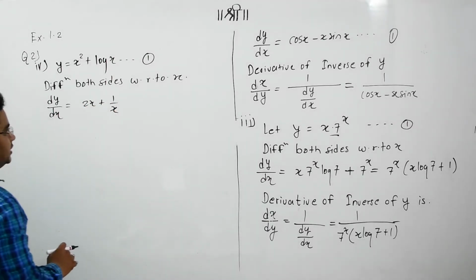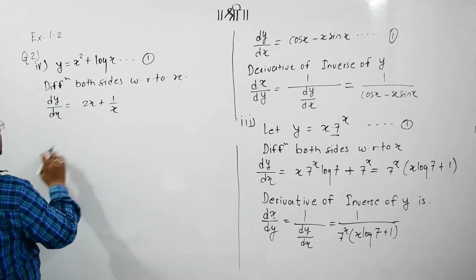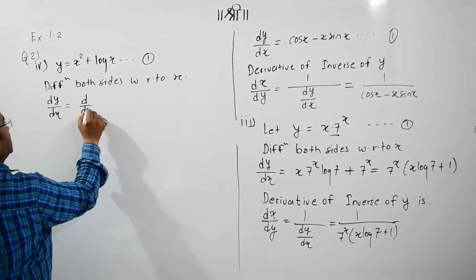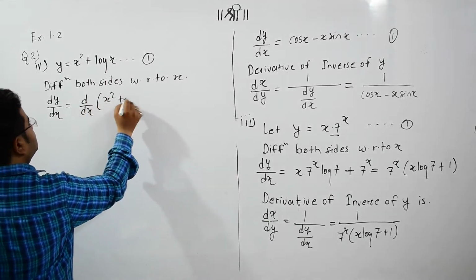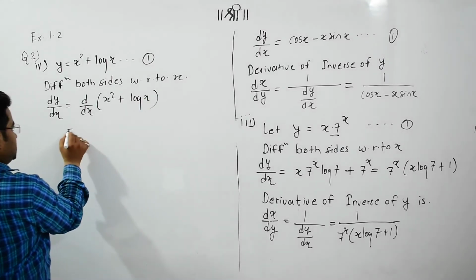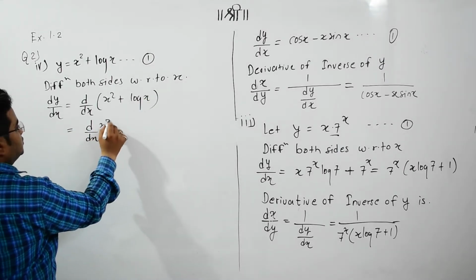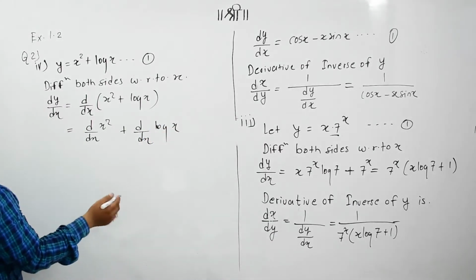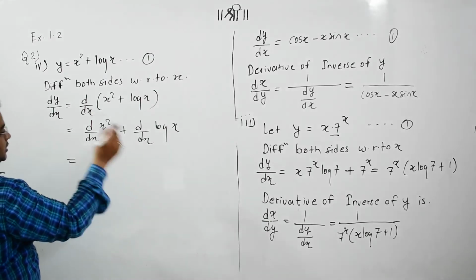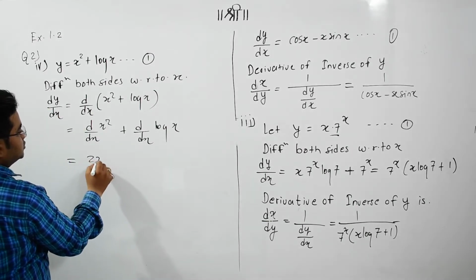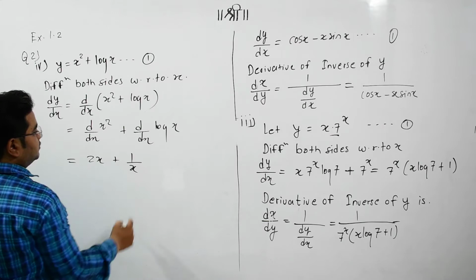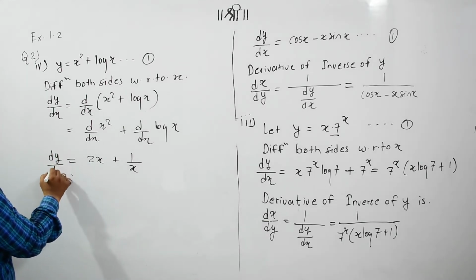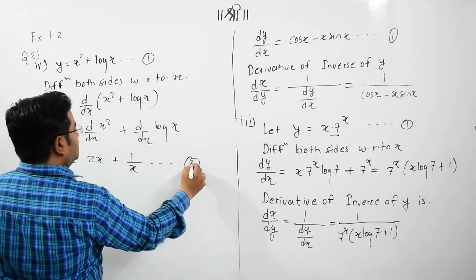I am writing it directly. Hope you can differentiate it directly. Otherwise we need to put it step by step: d upon dx of x square plus log of x, which is d upon dx of x square plus d upon dx of log of x. So we apply that and get 2x plus the derivative of log of x, which is 1 upon x, that's it. This is dy upon dx, equation number 2.